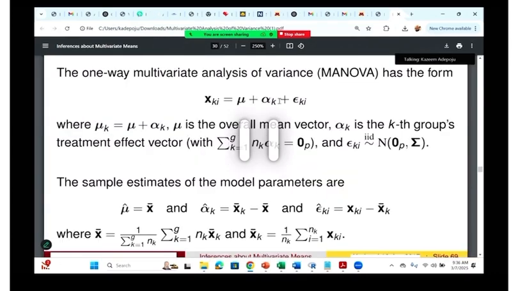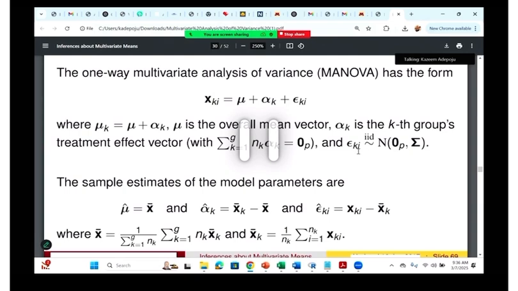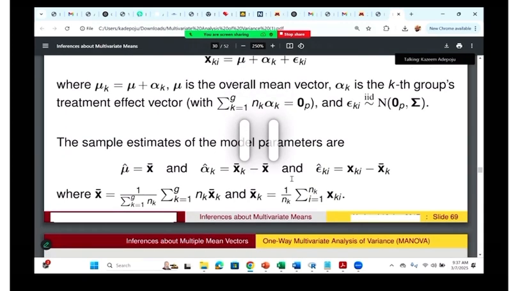So when we talk about assumptions now, we're not going to say error follows a normal with just 0 and sigma squared, but in the multivariate case, error follows a normal distribution. You can see that 0_p means the number of zeros we're going to have depends on the number of variables. And of course, instead of just sigma squared, we're going to have a covariance matrix. Can you see that? So now we're extending to the multivariate case.